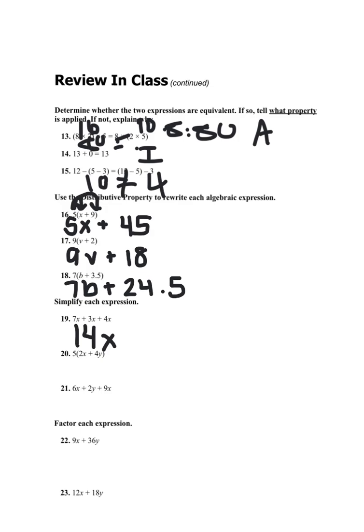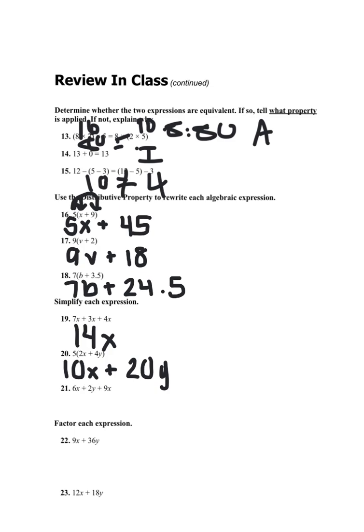And then 20, just like we did for 16, 17, and 18, we're going to be using the distributive property. So 5 times 2x gives us 10x. Carry our symbol down. And 5 times 4y gives us 20y, being our final answer.